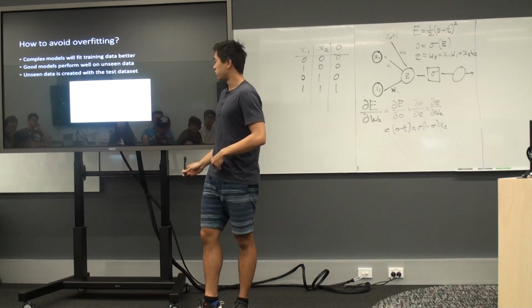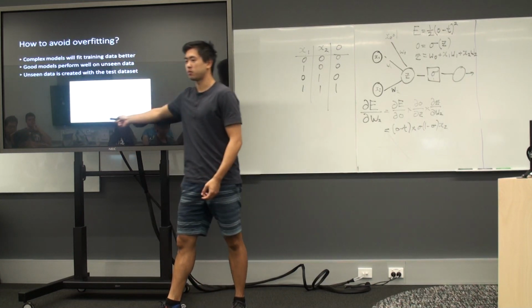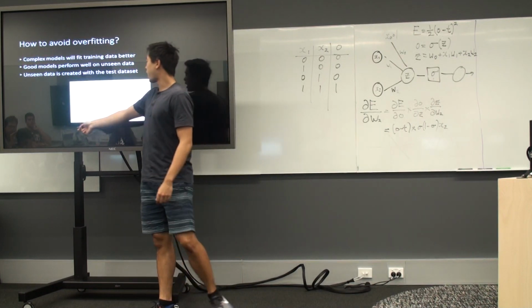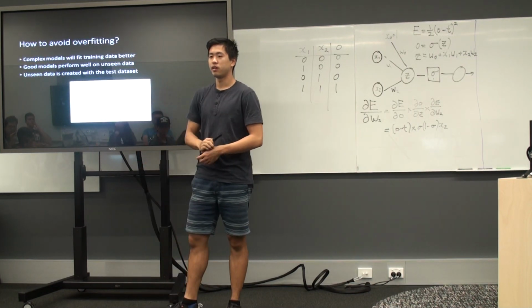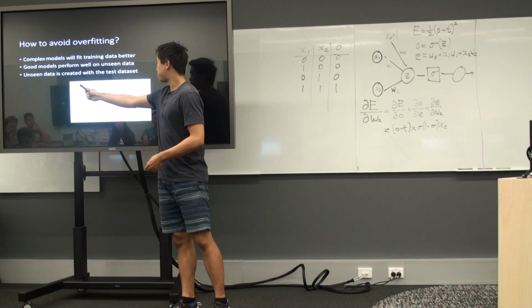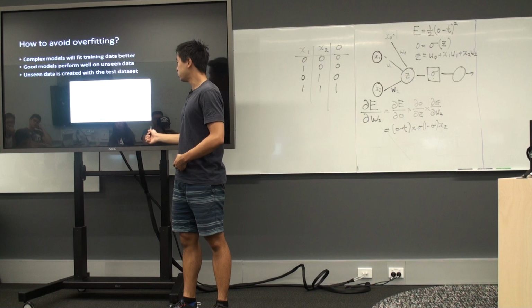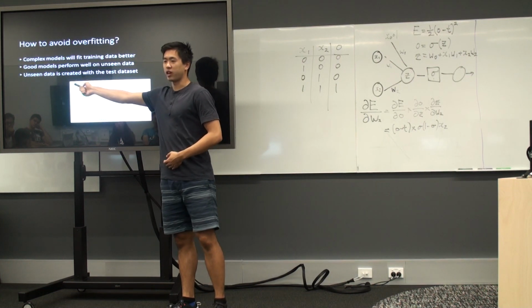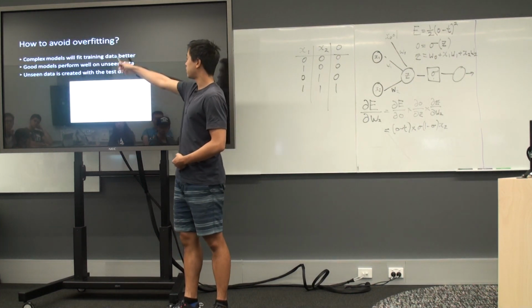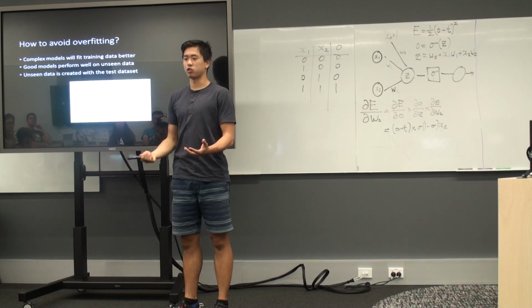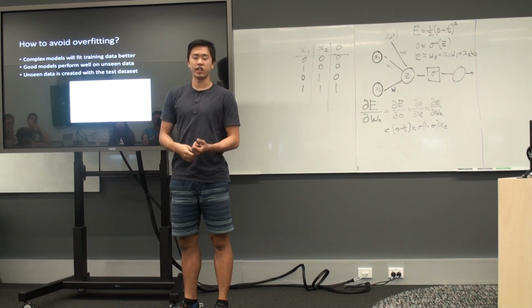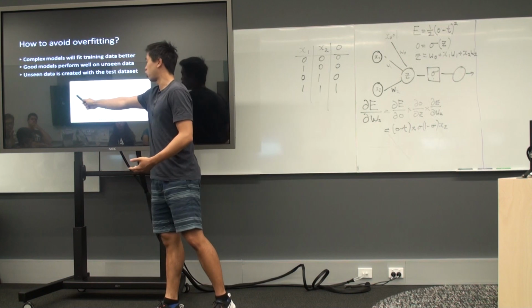Now what this graph is showing is on the x-axis we have increasing model complexity, and on the y-axis we have prediction error. Now let's look at the blue line first. As we increase the complexity of the model, the prediction error for our training data goes down, because that alludes to our first point. Complex models can fit training data better. So this will pretty much always be decreasing.